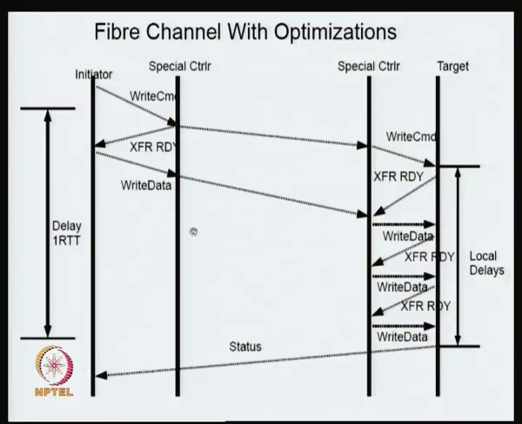Again, I should warn you that this picture has not been drawn to scale, so these time units are quite small. Basically there's only going to be one round trip delay. You send it out here, and then the status comes back, and therefore your throughput can be that much higher.